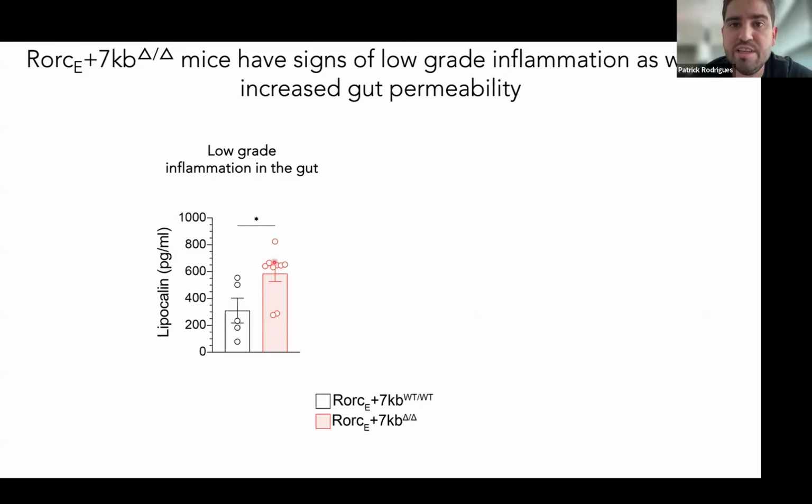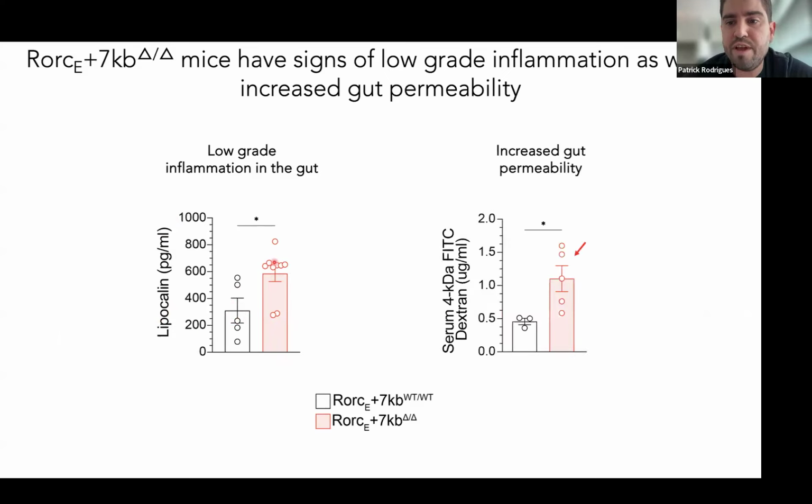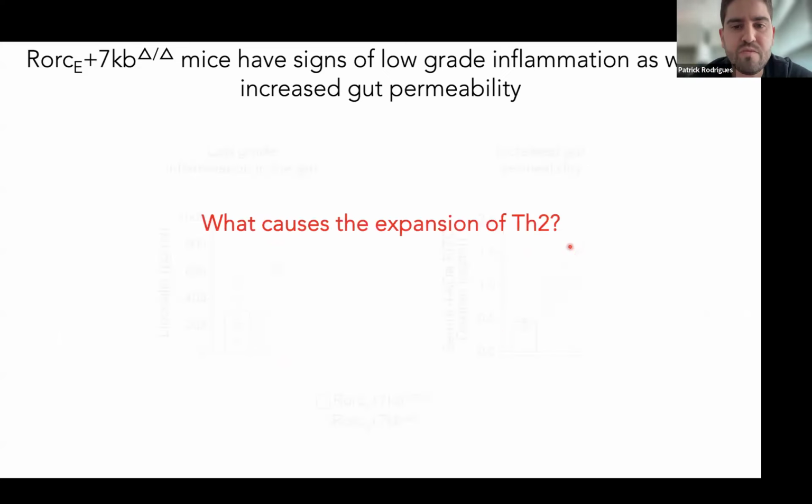We also had a look at the gut permeability in our mice, and for that we did a FITC-dextran experiment by gavaging wild-type or enhancer knockouts, and there we were also able to see that the FITC-dextran levels were increased in the enhancer knockout, which is a sign of increased gut permeability.